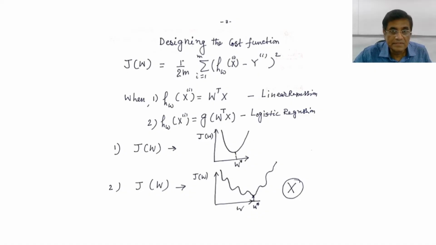First of all, this is the cost function for linear regression, when h of x parameterized by w is w transpose x. This is the linear regression model we have seen, and it was very good, because in that case we had a good function.